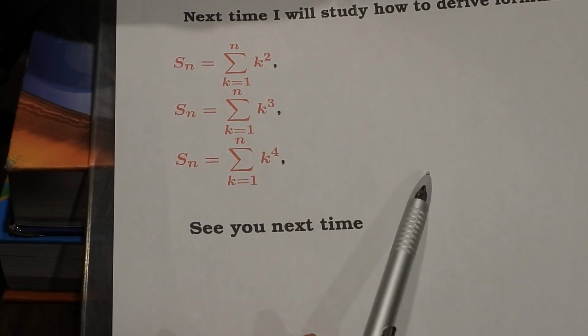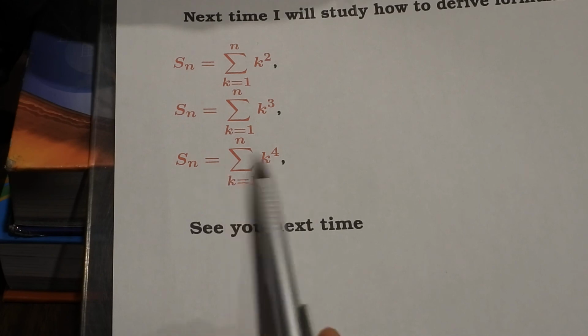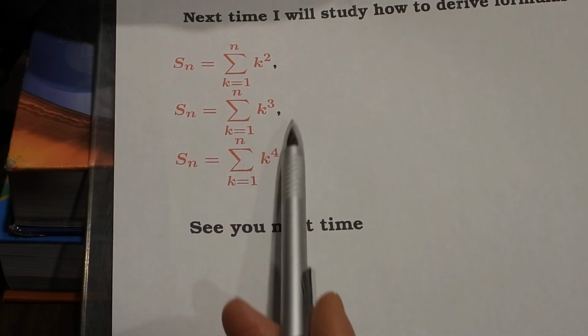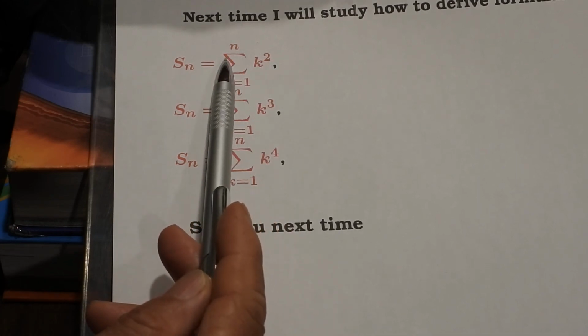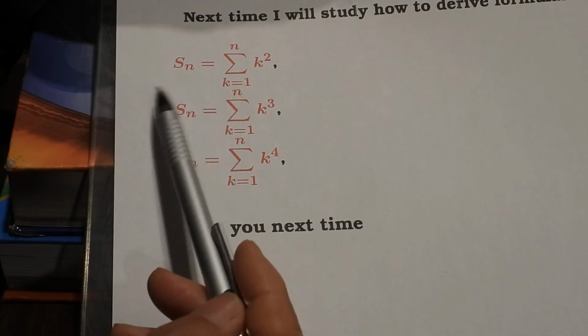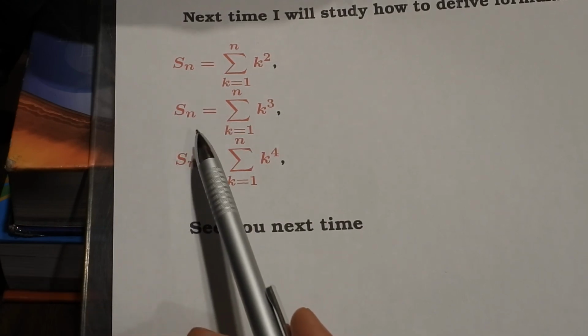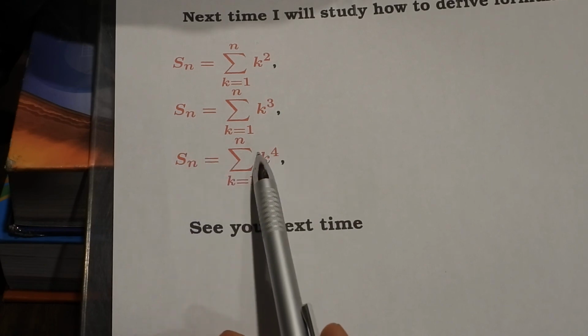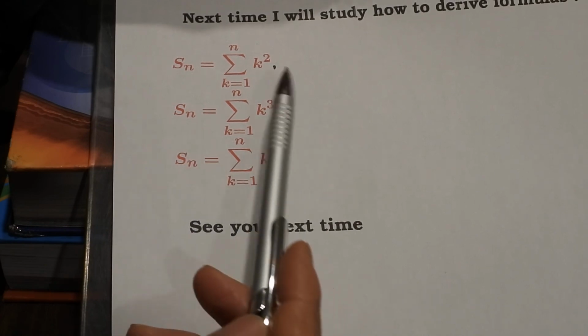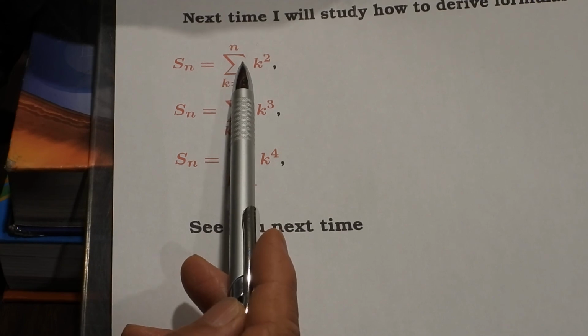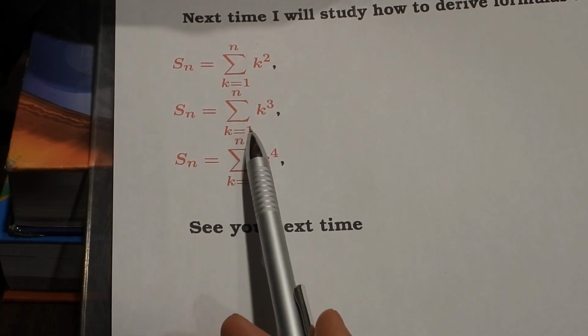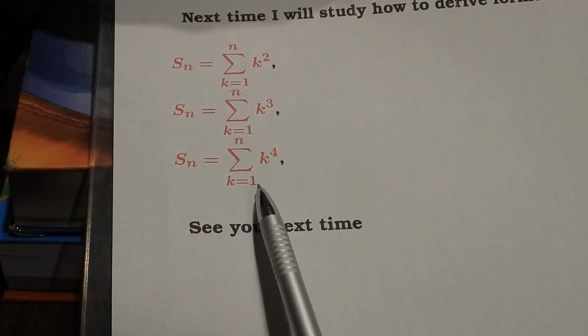And then if you have 1 more subsequence, then you need this formula. Okay? Practice writing multiple equations on each side and then simplify, but how can we handle more complicated ones? That's why I will show you how to derive the formulas for sigma k squared, sigma k cubed, and sigma k to the 4th next time.